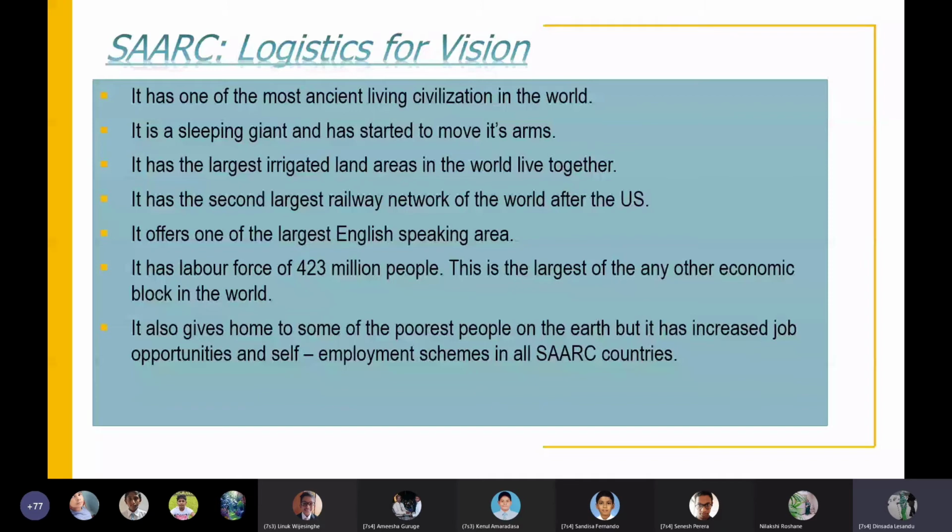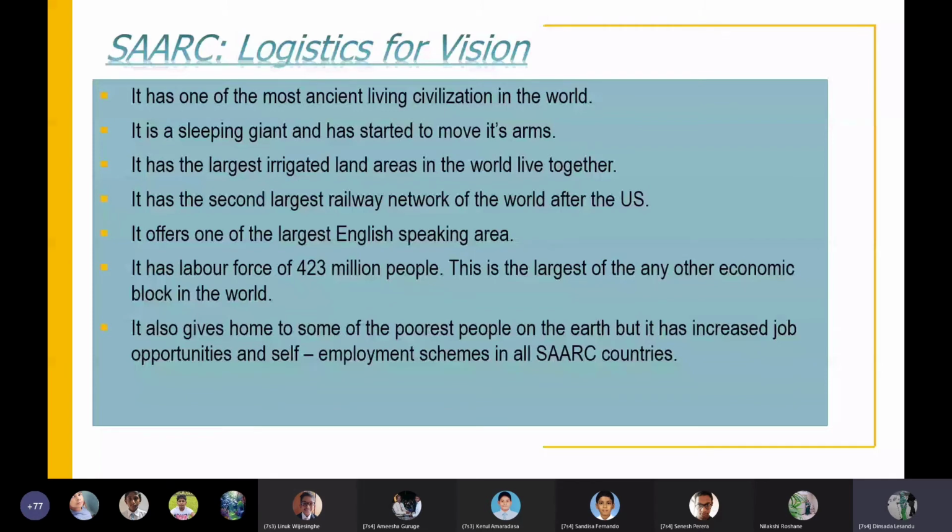It has the largest irrigated land area in the world. It has the second largest railway network in the world after the US. It offers one of the largest English-speaking areas. It has a labor force of 423 million people, the largest of any other economic bloc in the world. This represents hope for the poorest people of the world.